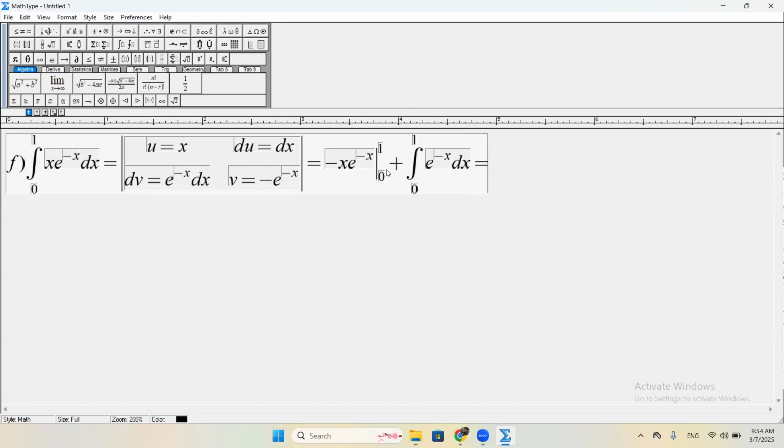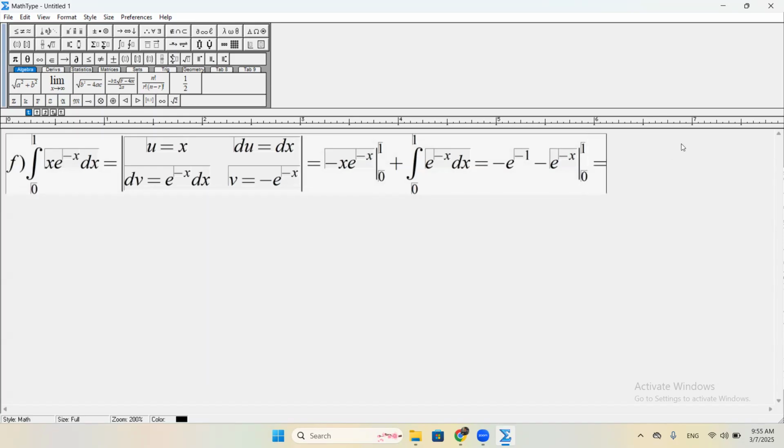Calculating everything in parallel: minus x, so when we substitute 1, minus e to the power of minus 1. And when we substitute 0, just 0. And minus e to the power of minus x with substitutions from 0 to 1.